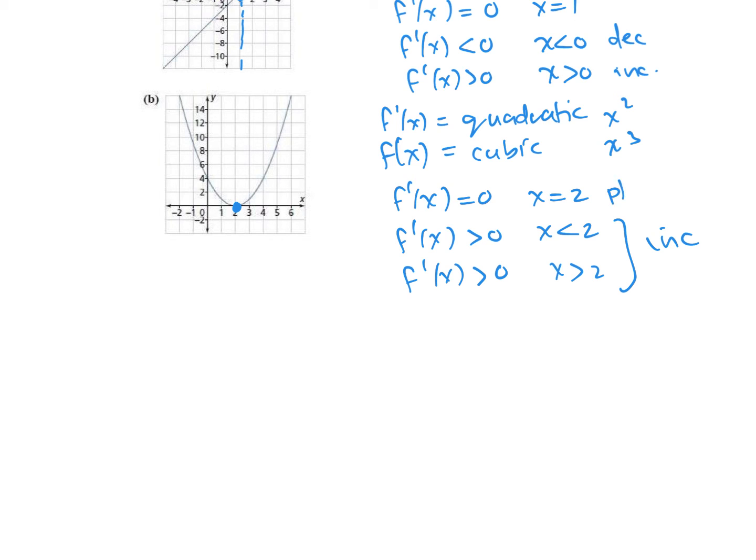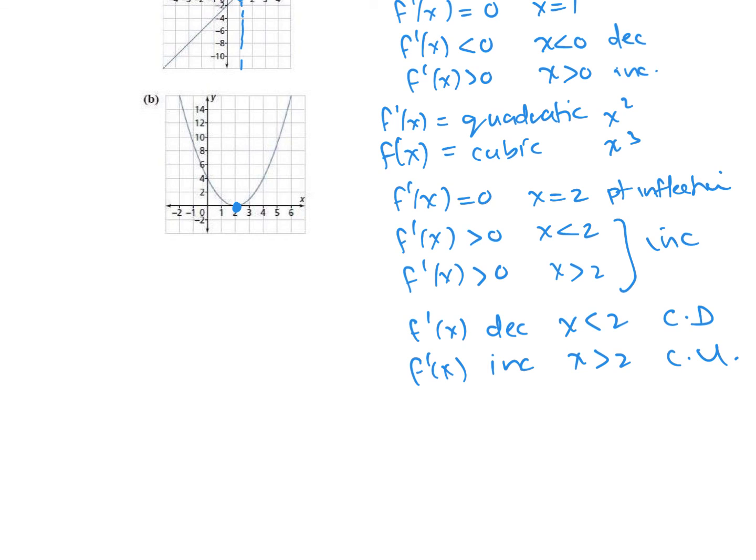here, this would be a point of inflection because the slope of the derivative is 0. So before that point, f prime is decreasing when x is less than 2, which means that it would be concave down, and f prime is increasing after x is 2, so that means it would be concave up.